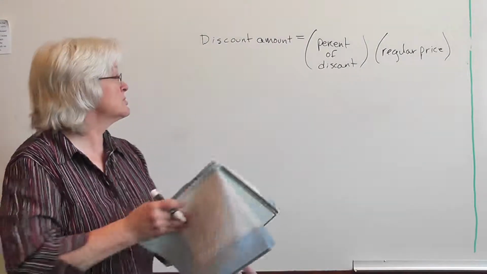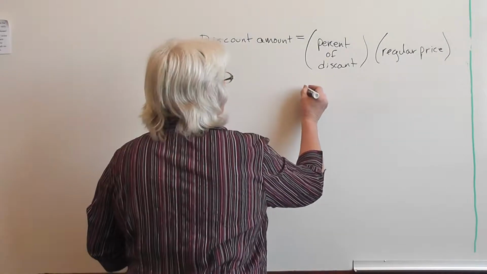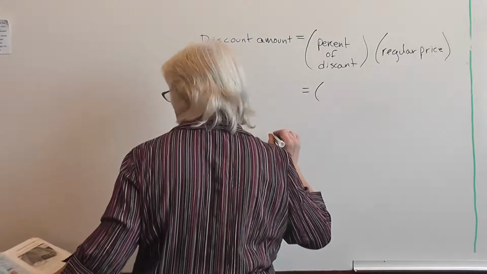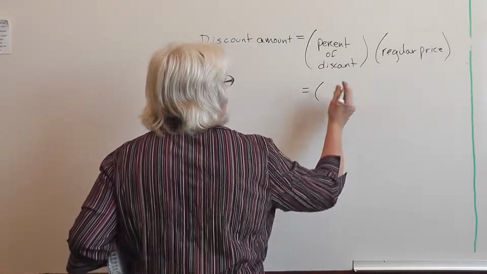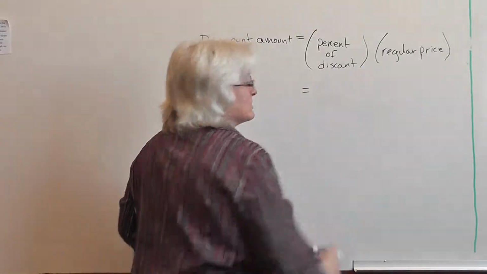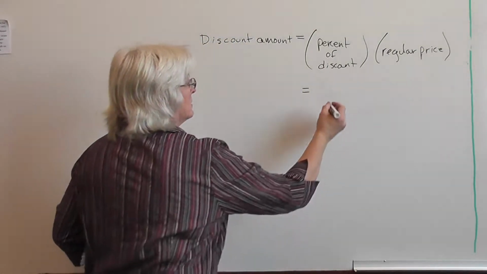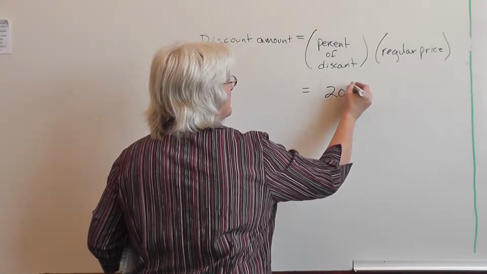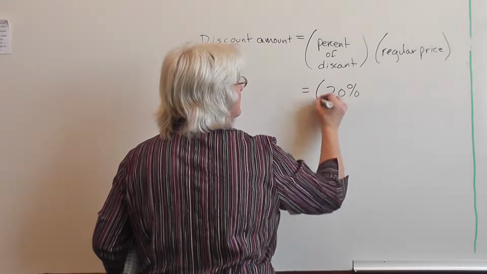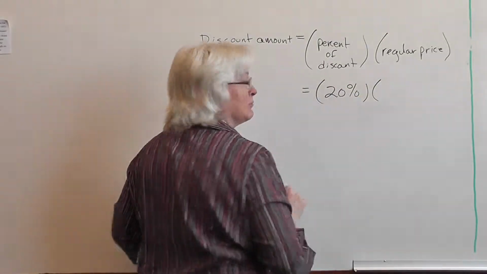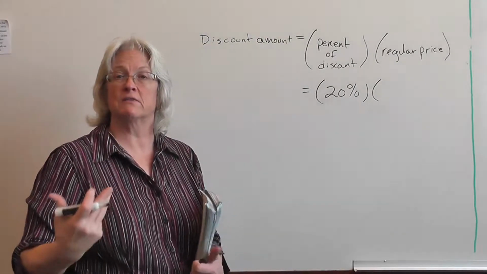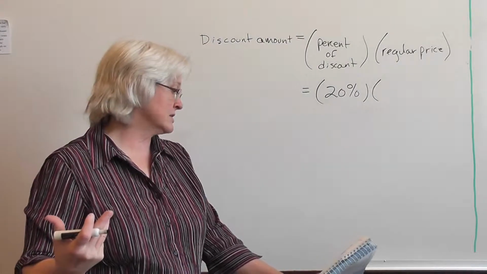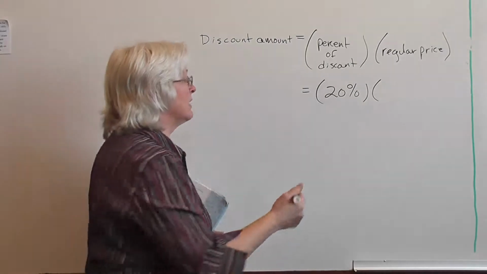In this problem, it was 20%. How do you indicate 20%? Well, you write 20% times the original price. The original price of the backpack in this problem was $95.